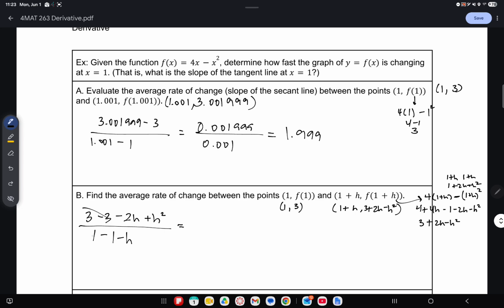So 3 minus 3 will cancel, 1 minus 1 will cancel. So I'm left with negative 2h plus h squared all over negative h. I think I can divide each of those terms by negative h to be left with, I don't know why I said h, that should have been 2, sorry, 2 minus h.